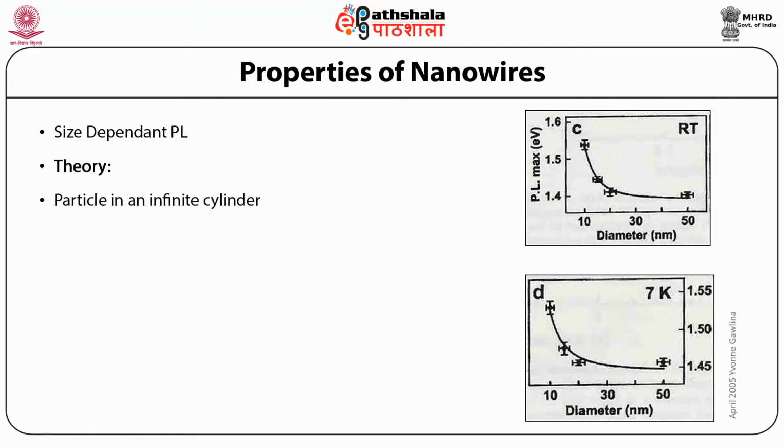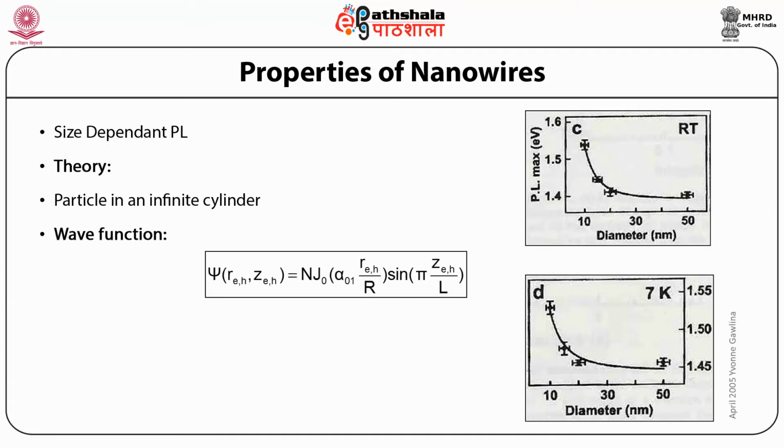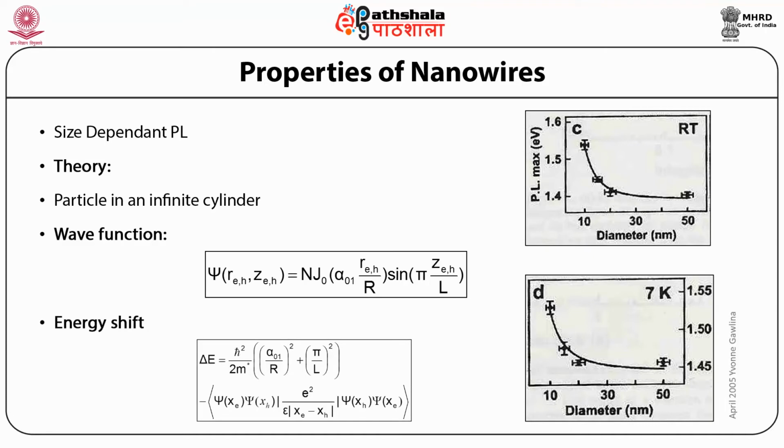Now if we consider a particle in an infinite cylinder, then its wave function can be depicted as psi of r_eh, z_eh equal to N J0 as a function of alpha 01 r_eh by R multiplied by sine of pi z_eh by L. And the energy shift is given by delta E equal to h cut square by 2m star multiplied by alpha 01 by R the whole square plus pi by L the whole square minus the bracket expectation value of psi_xc psi_xh e square by epsilon xc minus xh psi_xh psi_xe.